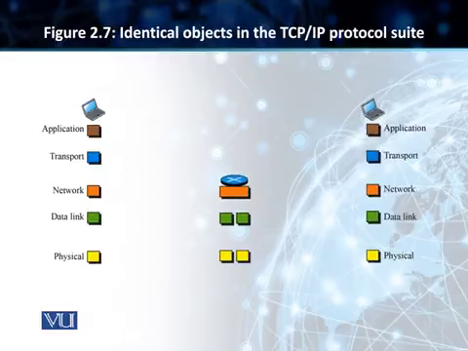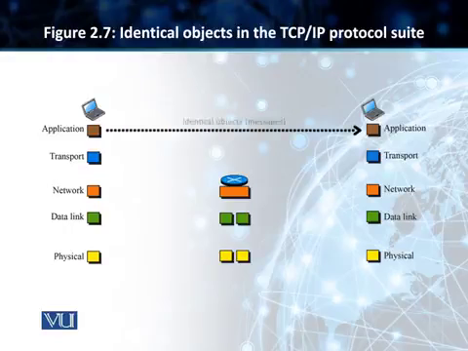But before we do that, we need to once again see the objects that are exchanged, the objects that are created at the same layers on both ends. So we'll start with the application layer. And by the way, we have not shown switches in this slide because switches do not change objects. Only the hosts or the routers, the layer 3 routers, change objects.